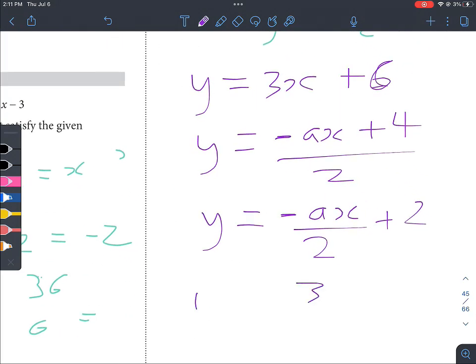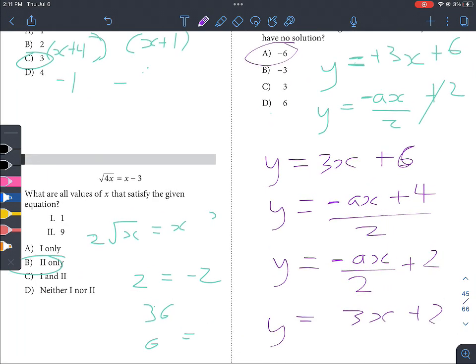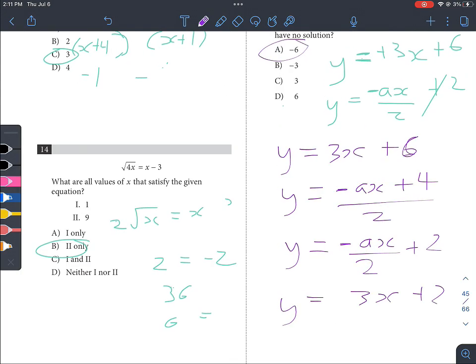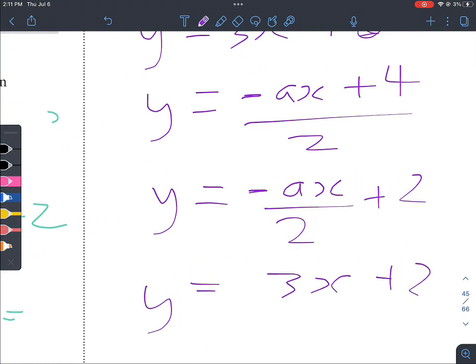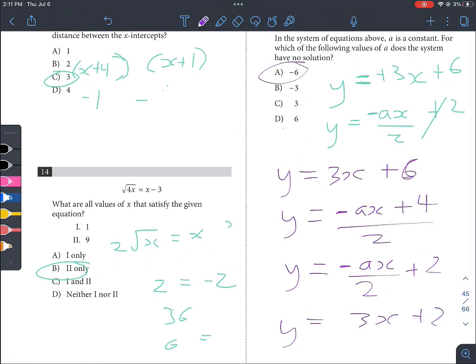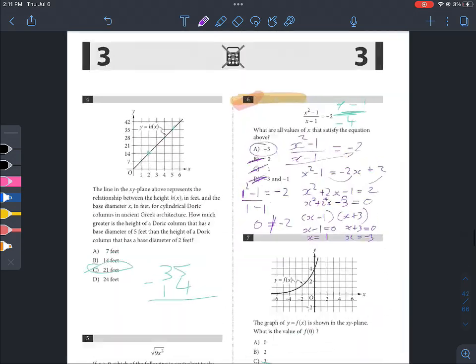Y equals 3x plus. Oh yeah, isn't it? Yeah. So sorry. We did figure that out a while ago. We just didn't see it fully. We're doubting ourselves too much. So boom, teamwork makes the dream work, even though you guys aren't working with me. So I think that's it. That should be the correct answers for all of them. We know that's the correct one.